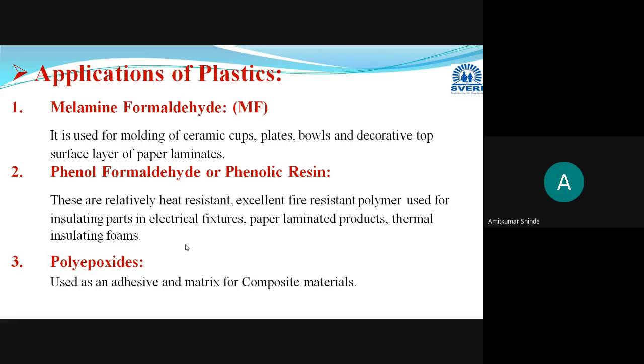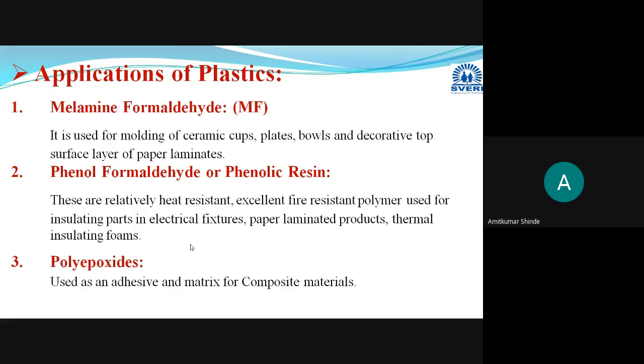As you have studied in the concept of composite materials, you make new composite materials with the help of different compositions. You may use metal and plastic, or other combinations.